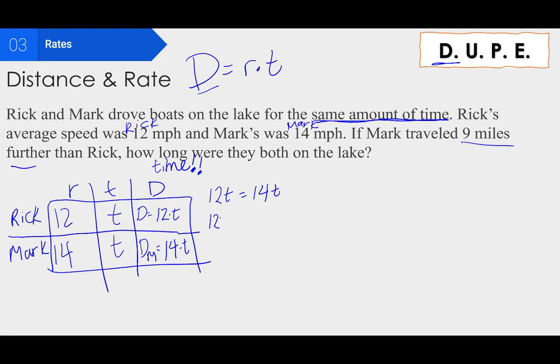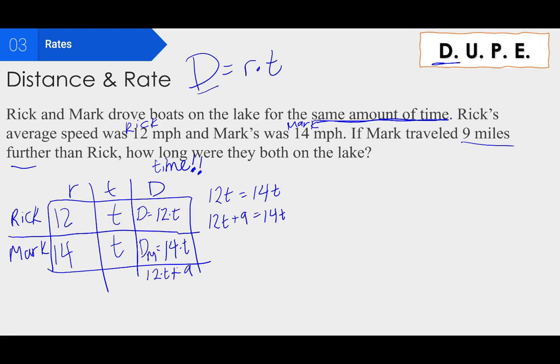I'm going to have to say, if I had added 9 to Rick's, it would have been equal. Now I can say they're equal. Or even here in my table, instead of 14T, I could have said 12 times T, and then the 9 more to make that equal. Right, Mark's distance is 9 more than Rick's.